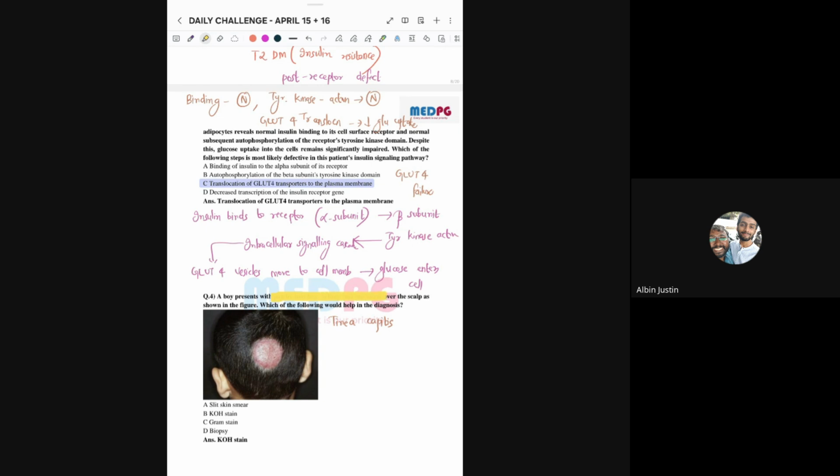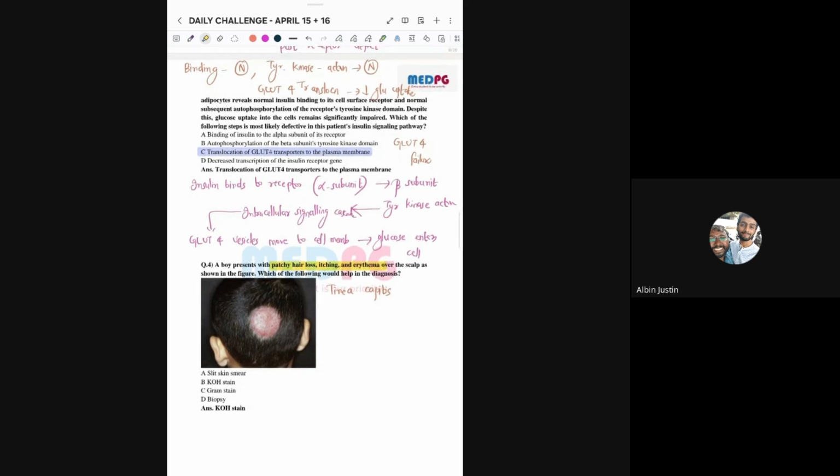This is a fungal infection, and hence you should do a KOH stain.